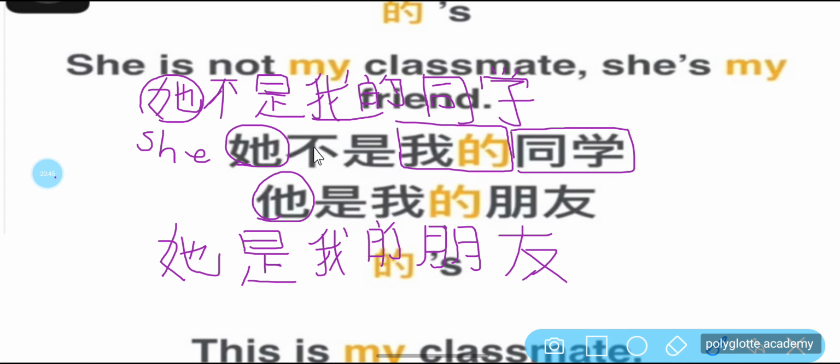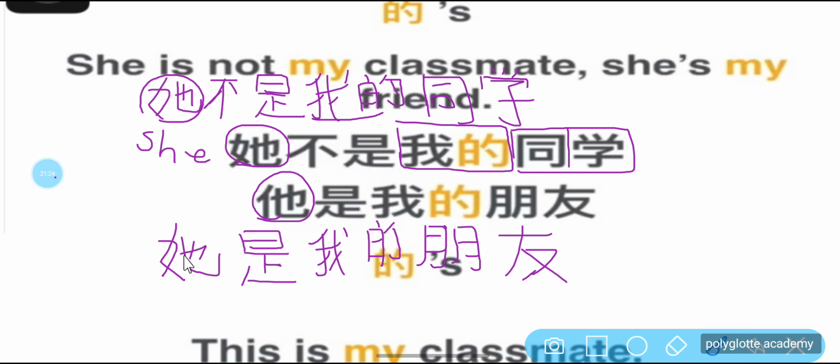So 她不是我的同学. Now 她 which means she, 不是 which is not, 我的 means my, and 同学 means a classmate. 学 is the word to study, and 同 is somebody I studied with, a classmate. So she is not my classmate, she is my friend.